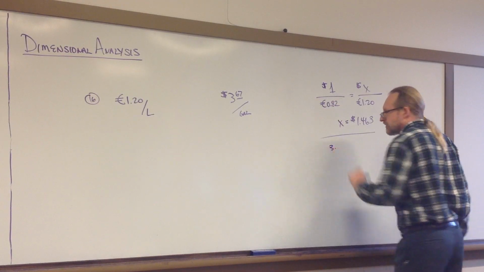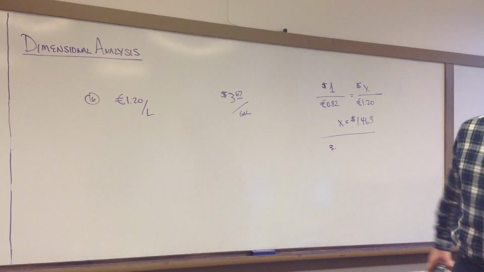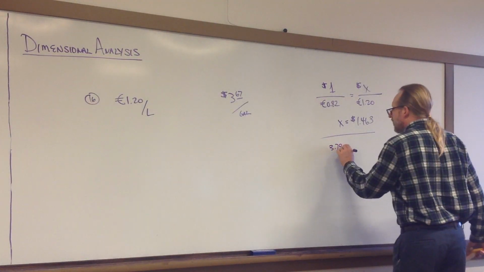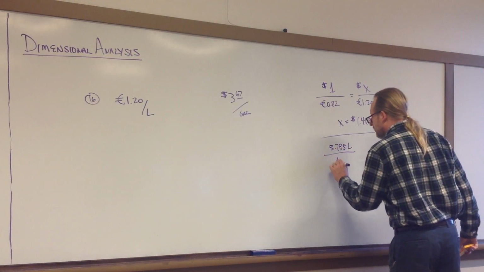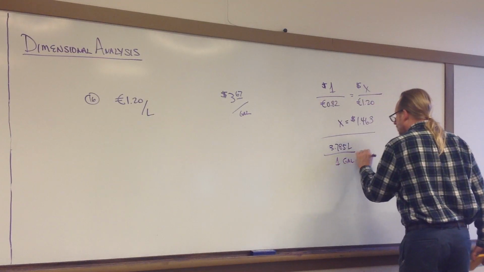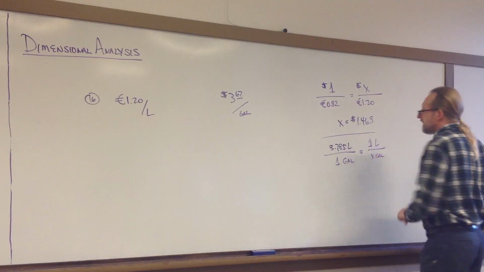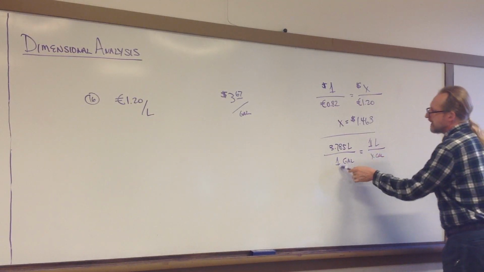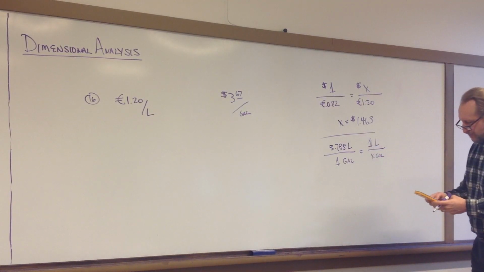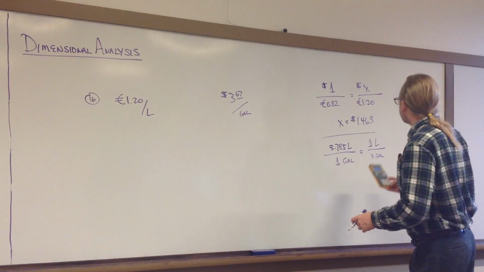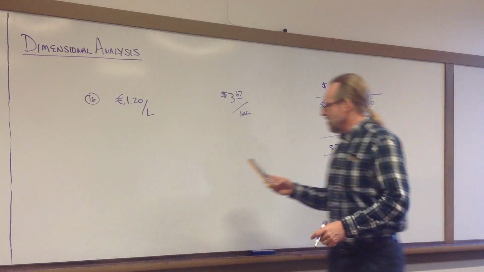We know that it takes 3.785 liters to make 1 gallon. So the question is, 1 liter is going to be how many gallons? And so it's going to be 1 times 1 divided by 3.785, and that gives us 0.2642.